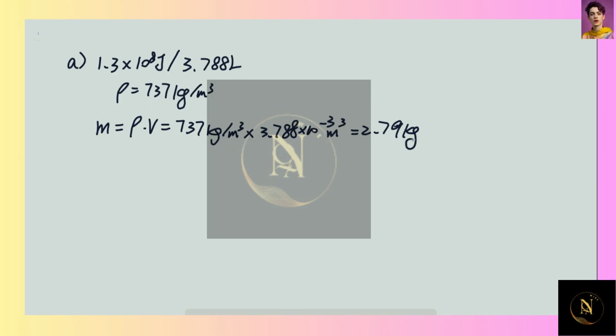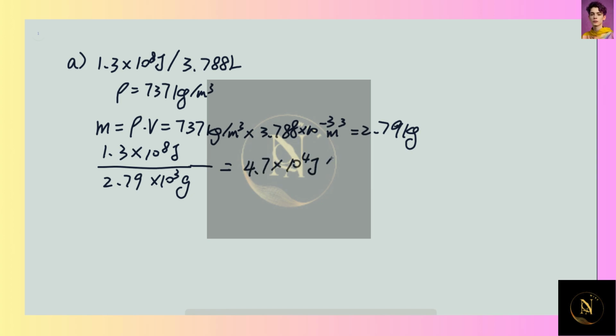Then we know that this amount of fuel will produce 1.3 times 10 to the 8th joule. So the amount of energy per mass is 1.3 times 10 to the 8th joule over 2.79 kilogram. We also need to convert kilogram to grams, times 10 to the 3rd grams. So this is 4.7 times 10 to the 4th joule per gram. This is the amount of energy per mass.